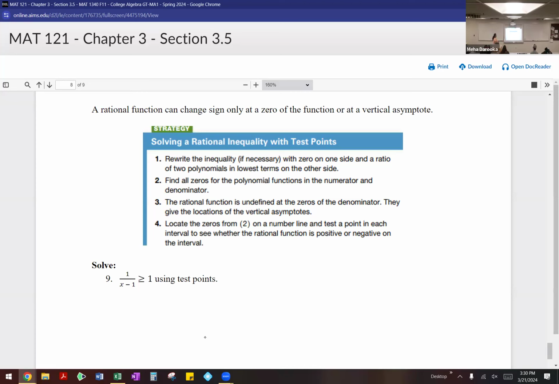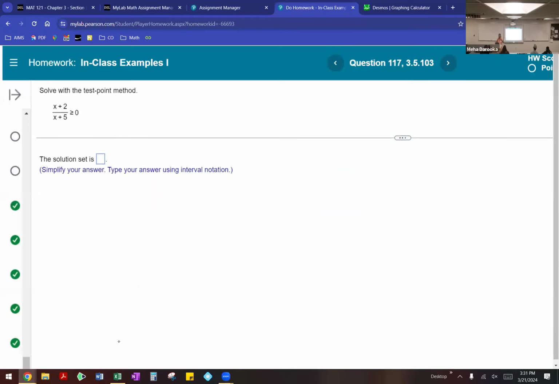The rational function is undefined at zeros of the denominator, which is of course where the vertical asymptotes are. Then locate the zeros from step 2 on the number line, and using test points, we'll see where we have positive and negative signs. It's very similar to the test point methods we've done, but here you've got to include both numerator and denominator.